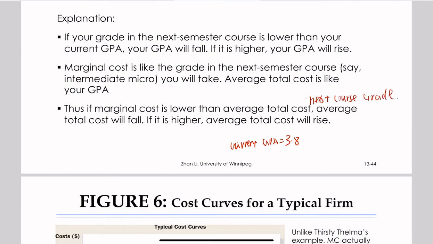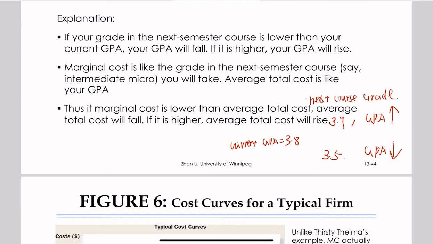So let's say the grade in your next course is 3.9. Now you can see that your GPA will increase, right? Let's say if your next course grade is 3.5, then your GPA should decrease, right? So this result is pretty easy to understand.